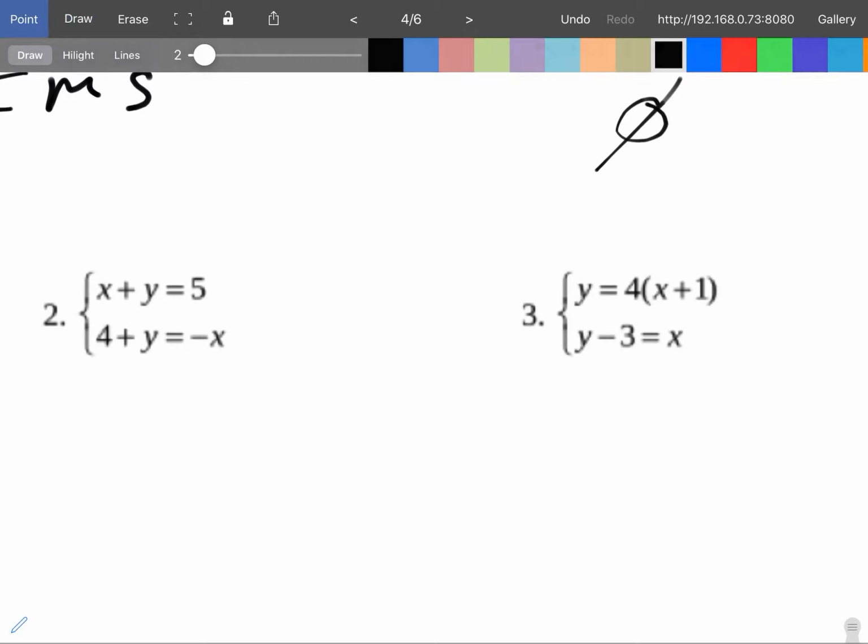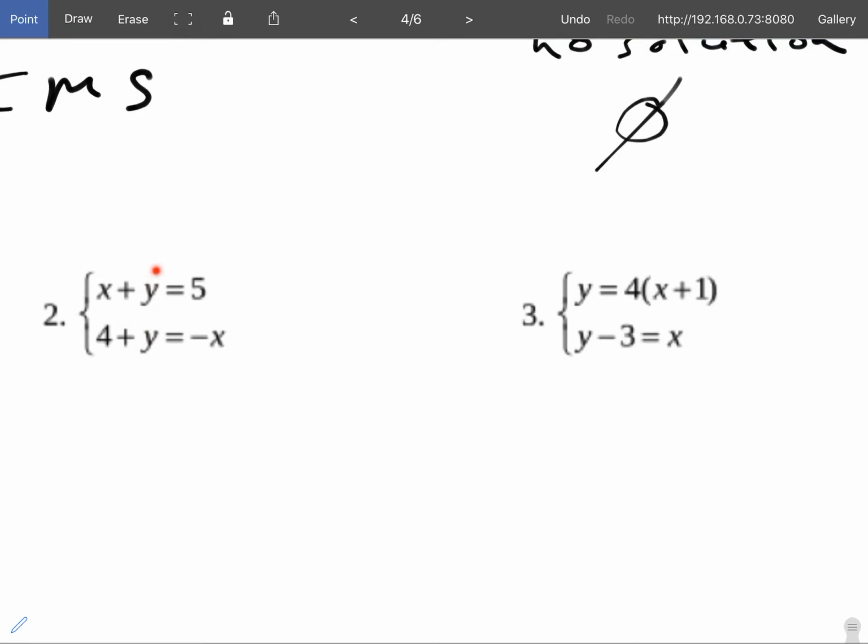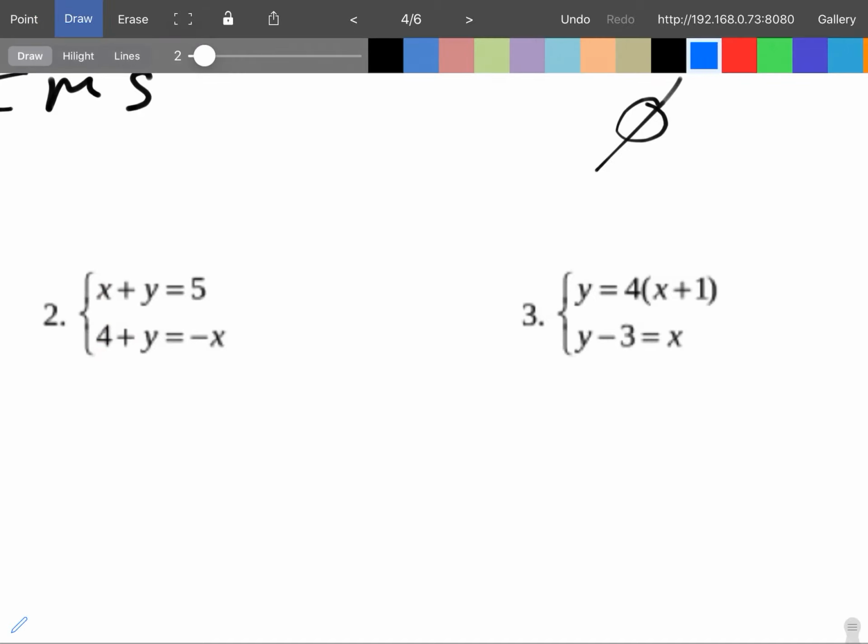So I need to line up the X's and the Y's. Right now, the Y's are lined up vertically, but the X's are not lined up. So I'm going to add X on both sides of the bottom equation. At the same time, I think I'm going to subtract 4 on both sides.